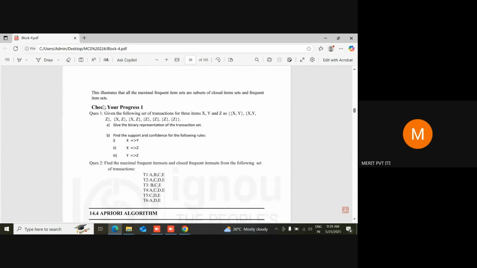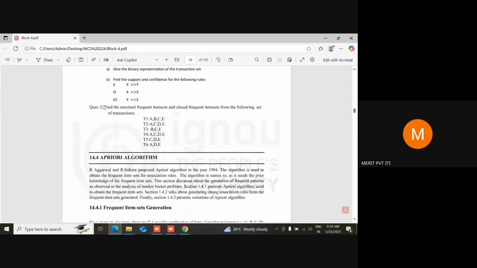So you can see the Apriori algorithm. R. Agrawal and Srikant proposed the Apriori algorithm in the year 1994. The algorithm is used to obtain the frequent item sets for association rules. The algorithm is named so because it needs prior knowledge of frequent item sets, since Apriori means something is already available beforehand. So this section discusses the generation of frequent patterns as observed in the analysis of market basket.